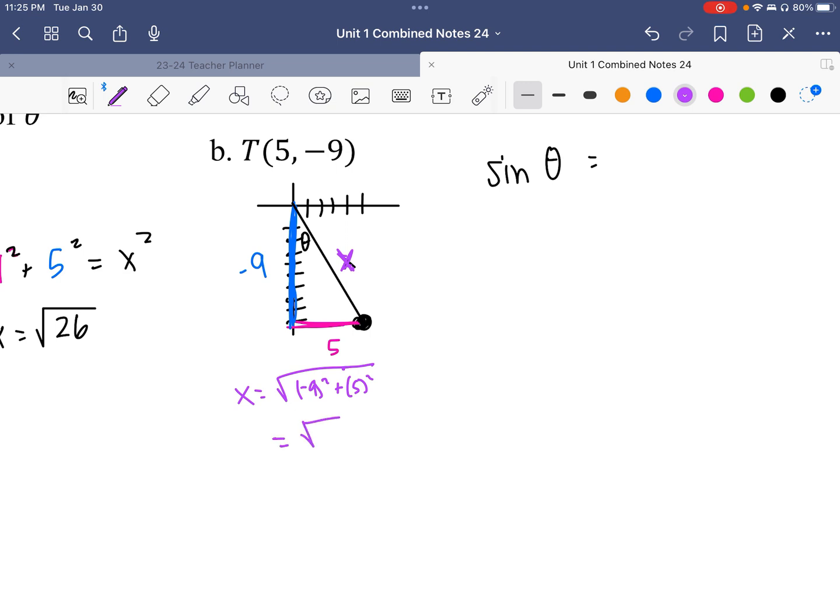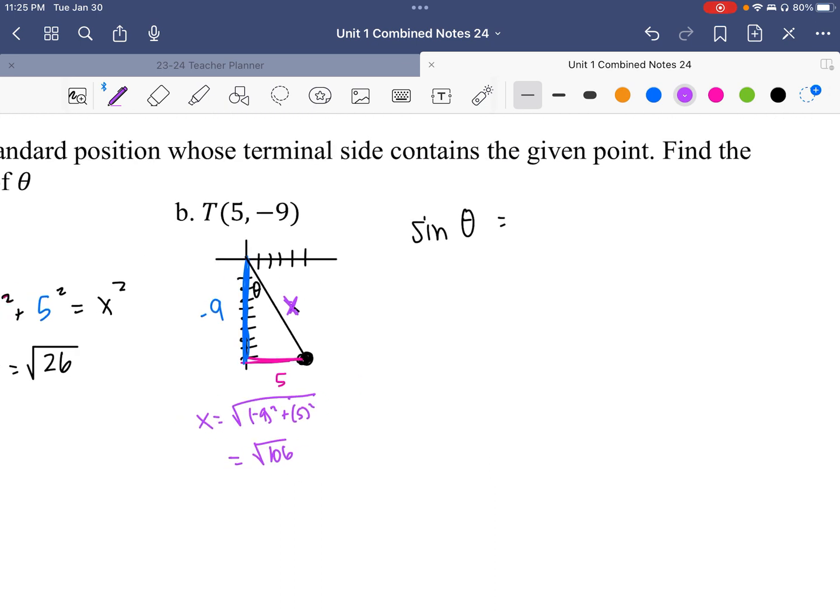I believe that comes out to be the square root of 106. Okay. So then your sine is your opposite side divided by your hypotenuse. Again, we should always rationalize. So 5 root 106 over 106.